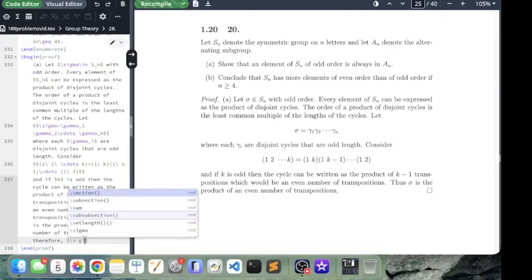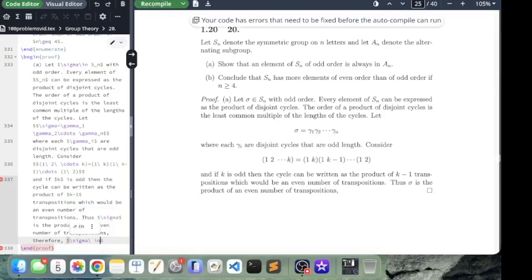Therefore, that's the definition of being in the alternating subgroup. Okay, so that finishes part A. An element of Sn of odd order is always in An.